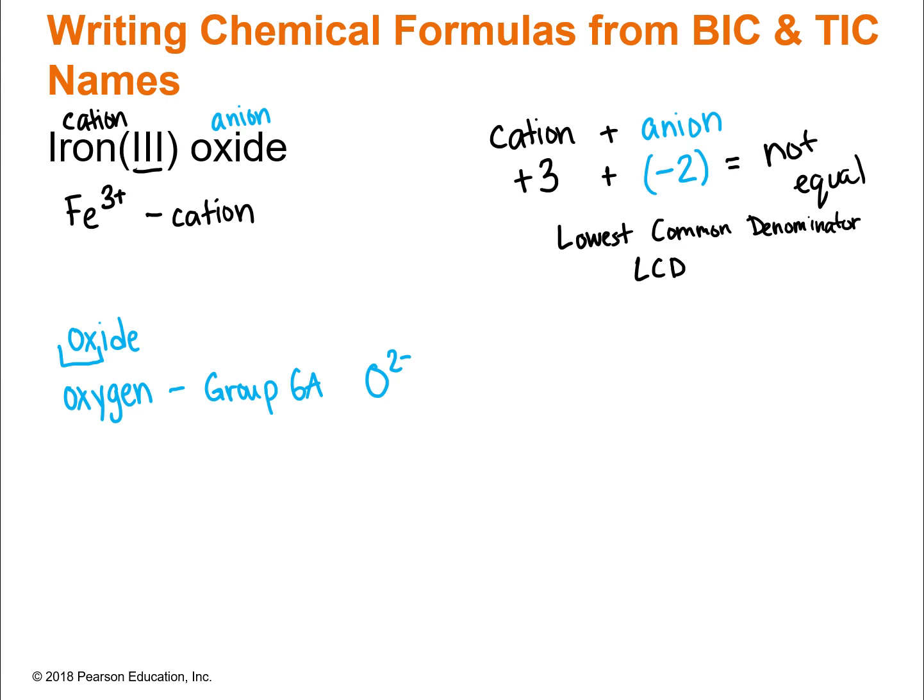If you remember learning about fractions, which may be a while ago, you're looking for the lowest common denominator. That means you're looking for the number that both the 3 and the 2, you can use that to divide by and get a whole number. So the lowest common denominator for 3 and 2 is 6. It's the smallest number that both 3 and 2 can be used to divide by.